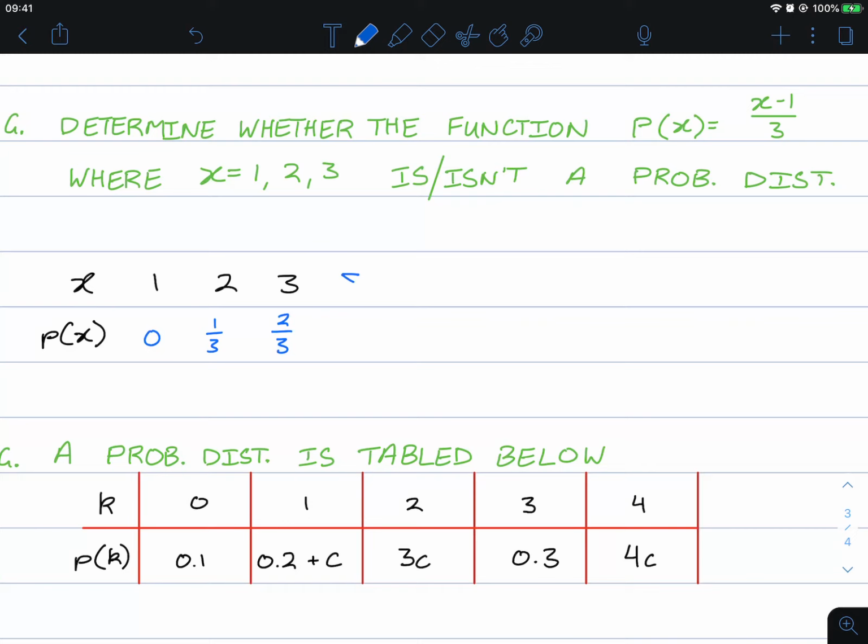Now if we take the sum of these, adding them all up, 0 plus 1 over 3 plus 2 over 3, that's going to be a total of 1. So this actually does add up to 1. Therefore, this is a probability distribution.